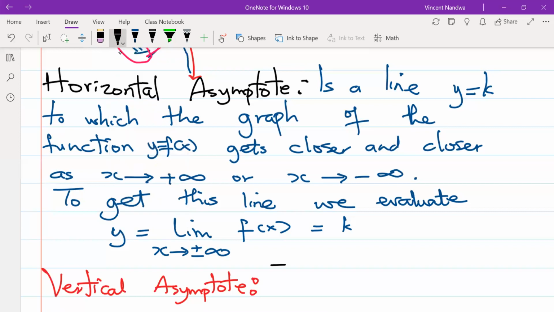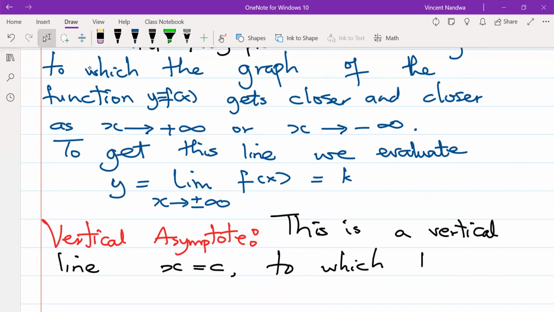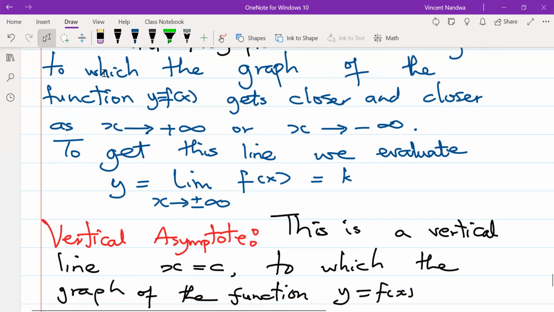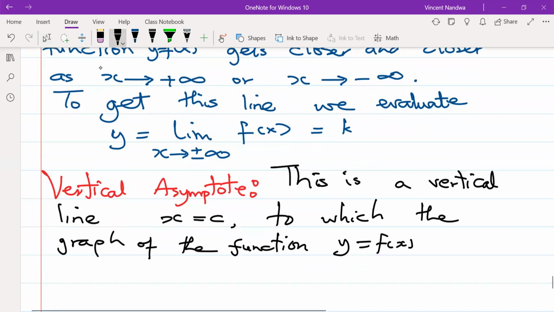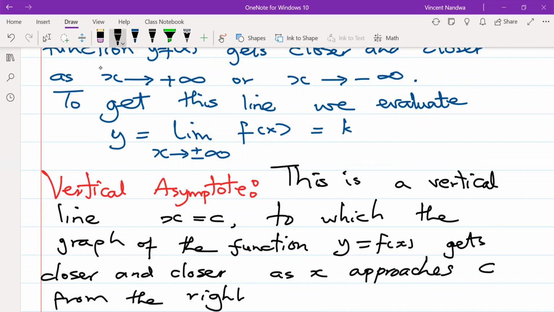So I'll say this is a line x equals c, to which the graph of the function y equals f of x gets closer and closer as x approaches c from the right or from the left.